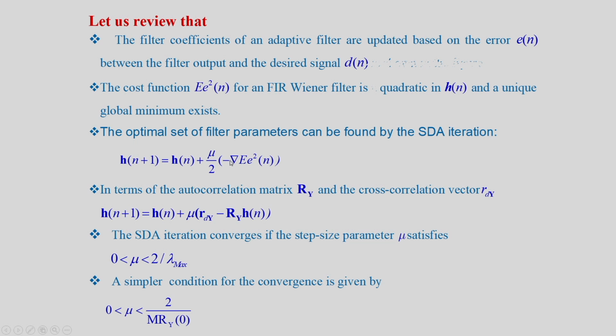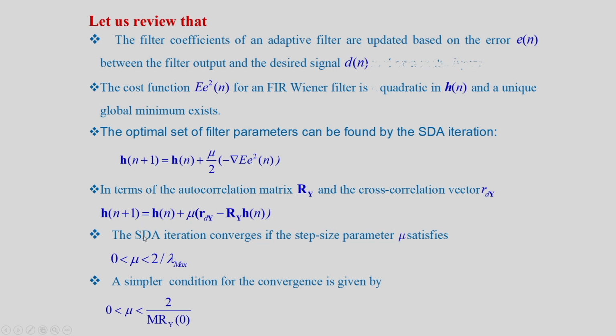So, iteration in the direction of the negative of the gradient. In terms of the autocorrelation matrix Ry and the cross-correlation vector r_dy, this updating can be written as h[n+1] = h[n] + mu times (r_dy minus Ry times h[n]).